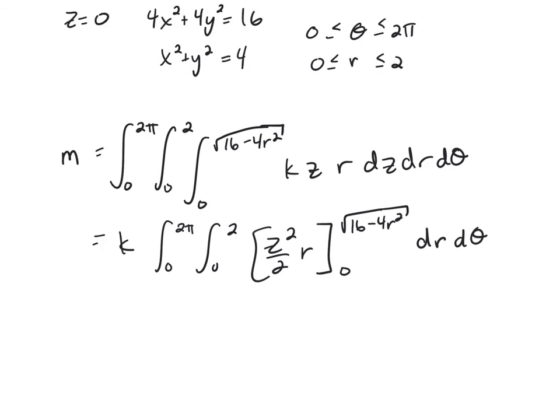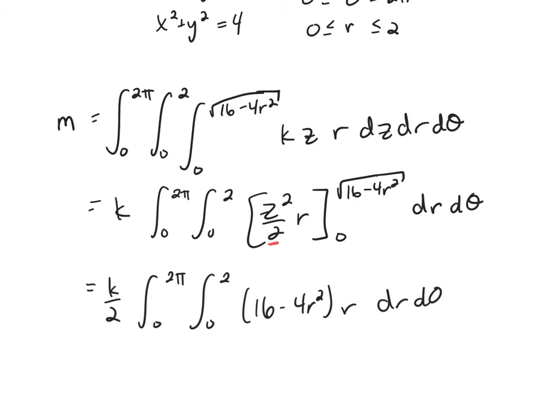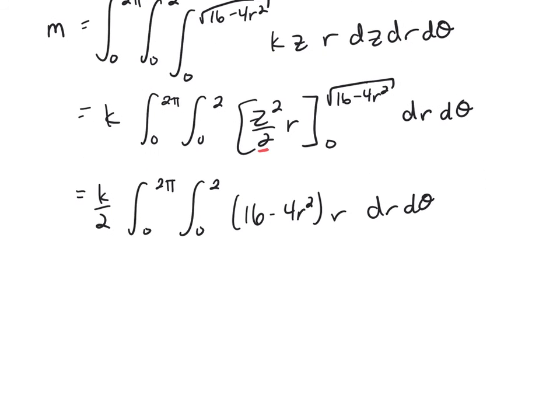I'll go ahead and pull that 2 out in front, so it'll be k over 2 times the square. When I square the square root, the square root goes away: 16 minus 4r squared, times r dr d theta. You've got to distribute that r to get rid of the product before you can compute the integral. So 16r minus 4r cubed.